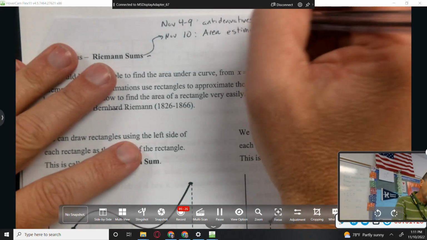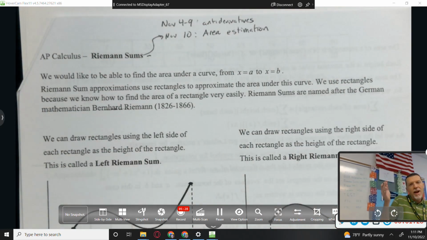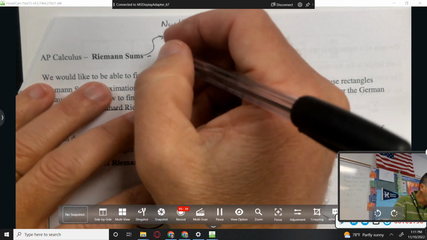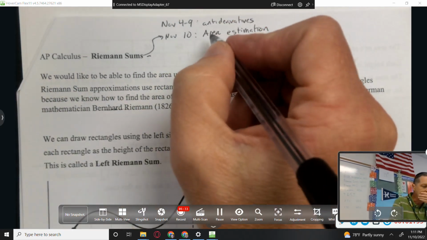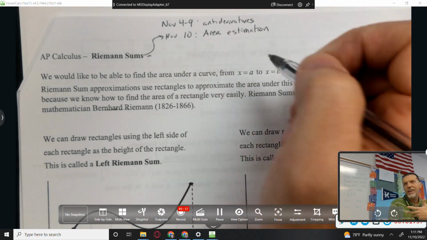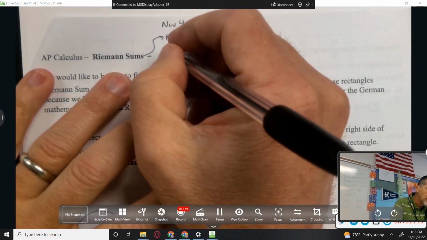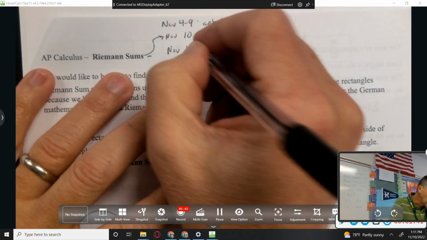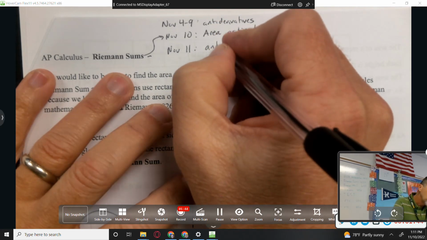That doesn't seem like it flows. Usually in math it's pretty easy to see the connection from one day to the next. This is not one of those days. We're going to be estimating area, and that doesn't feel like it has anything to do with antiderivatives until we get to tomorrow.